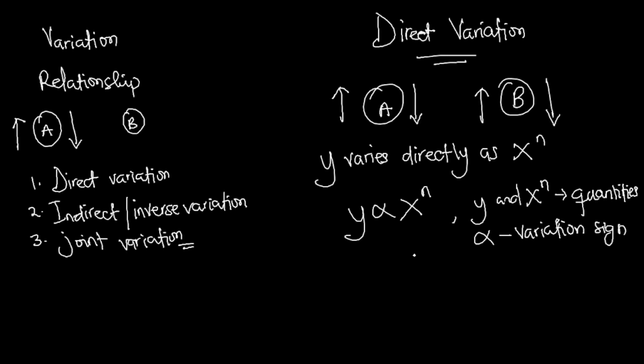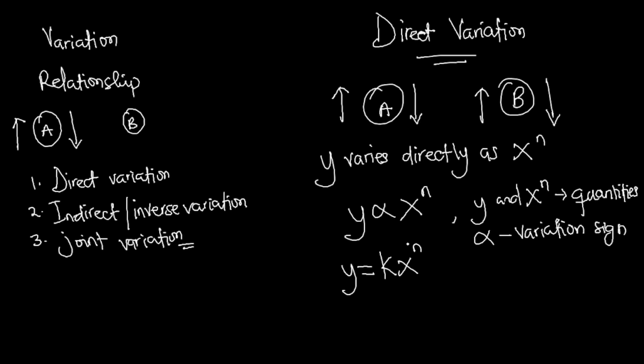So when we remove the variation sign, we need to introduce a constant. The constant can be any variable at all so long as you define it and that variable is not one of the variables given in the question. For this tutorial, I'm going to be using k as my constant of proportionality or my constant of variation. So y is equal to my constant multiplied by the second quantity, x raised to the power n.